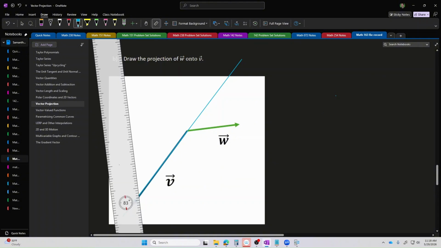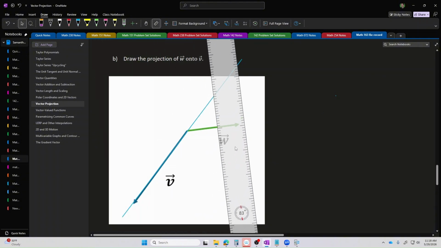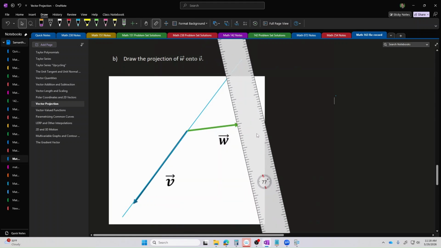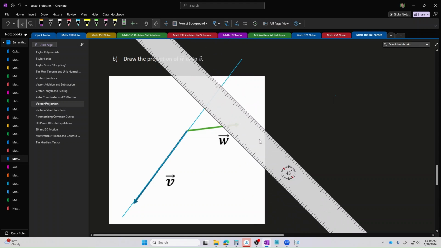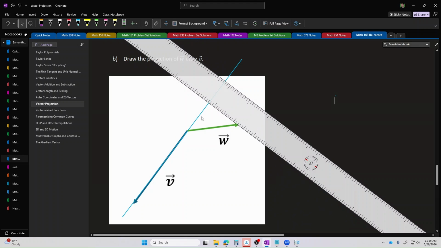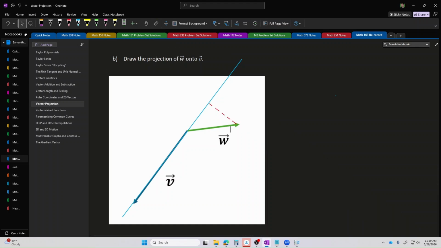So let me bust out my ruler tool, and I will position it over here at the head of W, and I will rotate the ruler until I get a right angle here with this line. So let me mark in this perpendicular leg. And with that move, I have formed a right triangle in this corner here.